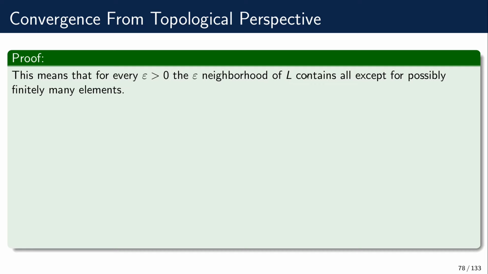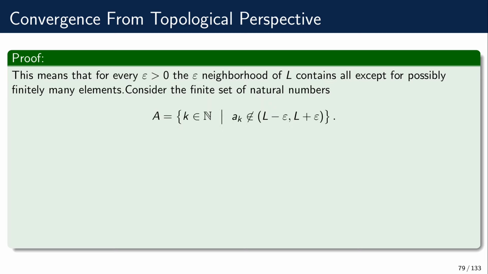The second definition says that every epsilon neighborhood of L contains all the elements except for finitely many elements. So now let us define this set A, which will be the set of all the natural indices k such that a_k lies outside of this interval.